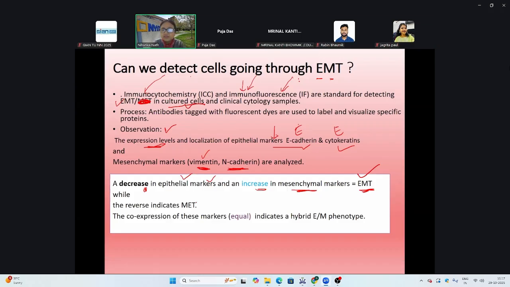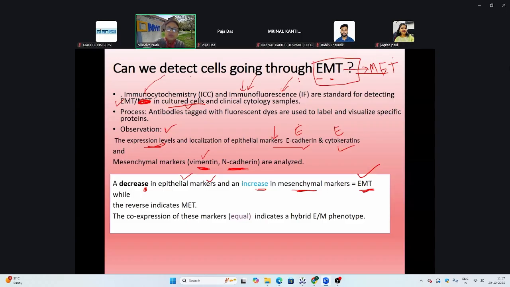I would like to explain one more thing. If a cell goes through EMT, this cancer cell has the property to go back into MET. Once it has passed into the blood, this mesenchymal cell can again become epithelial, and that's a transition, and then it will go into a distant tumor.